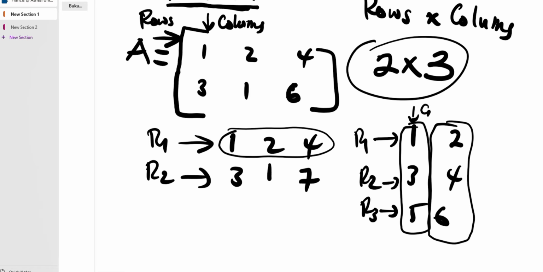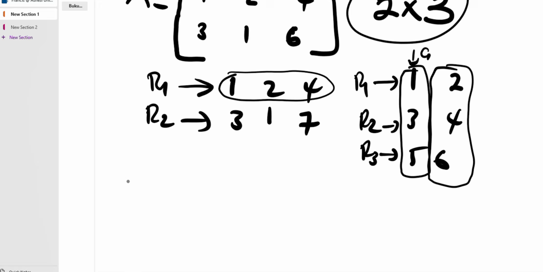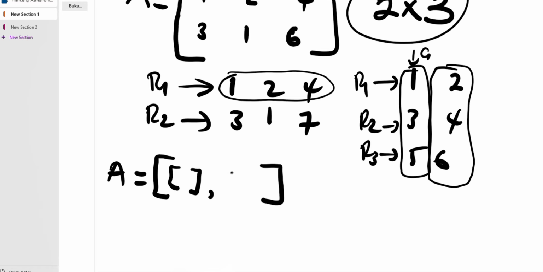Now, how do we represent that in Python? In Python, for you to have a matrix, you need to make sure that you have a list inside a list. So let's say A equals to, you first have a list, like a vector, and inside this vector you put the individual rows. Individual rows are supposed to be a list of numbers, and then another list of numbers.